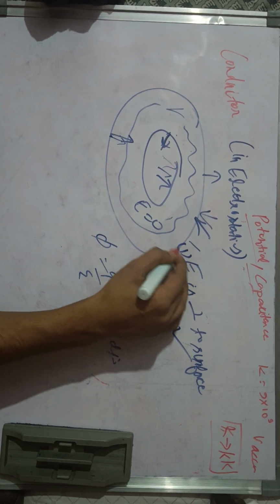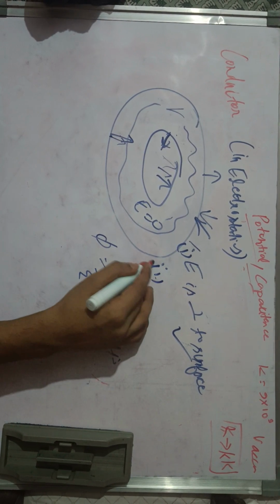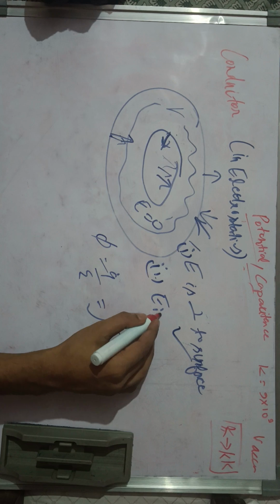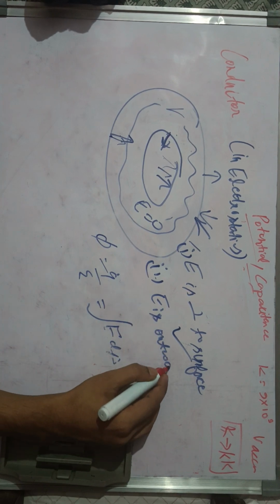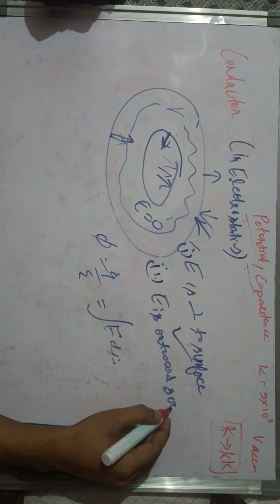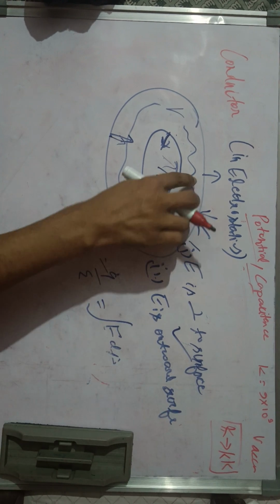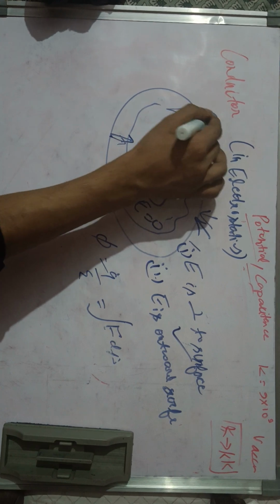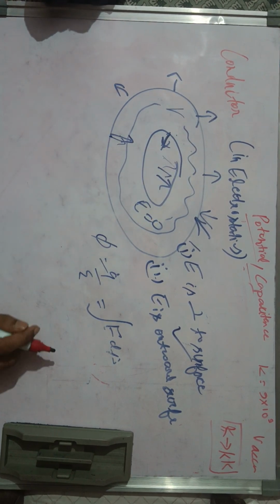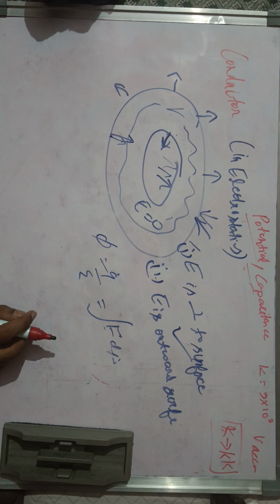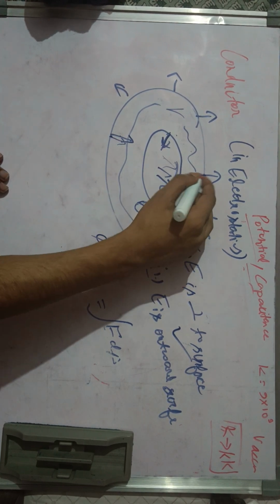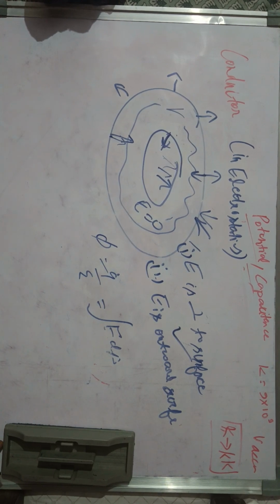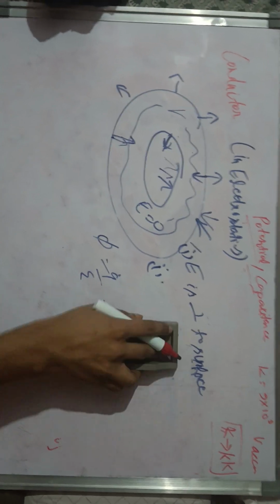So the electric field is perpendicular. That is the first point. The second point is that the electric field is outward to the surface and perpendicular to the surface. So the electric field at every point here will be outward, no, it can be inward also, because we have two types of charge.